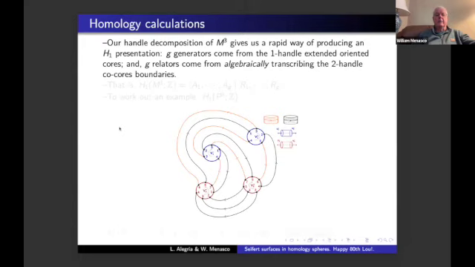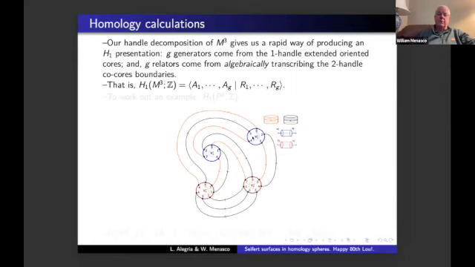So I've got to do a little algebra, a homology calculation here, and once you have one of these Heegaard diagrams, you can rapidly read off a group presentation for the homology of the three manifold, because what you do is you take the cores of your one handles, and again you extend them into your zero handle, and you get a loop that goes around.